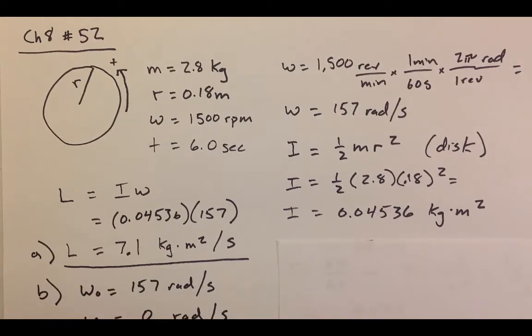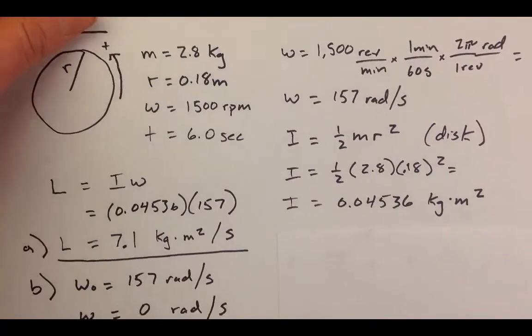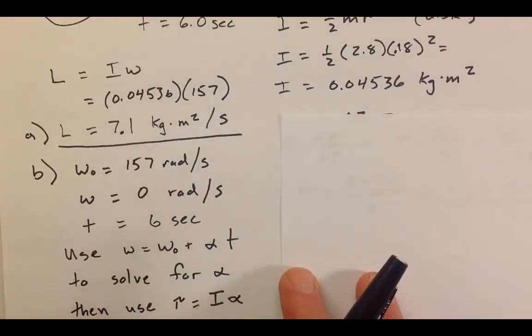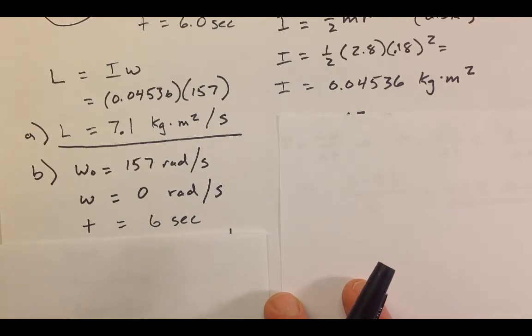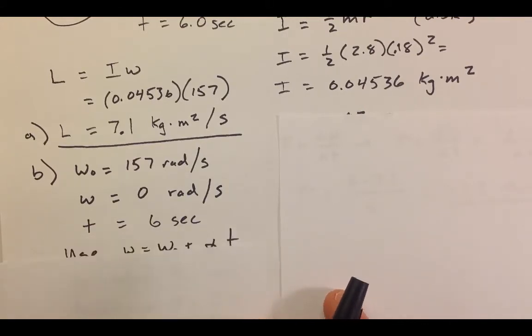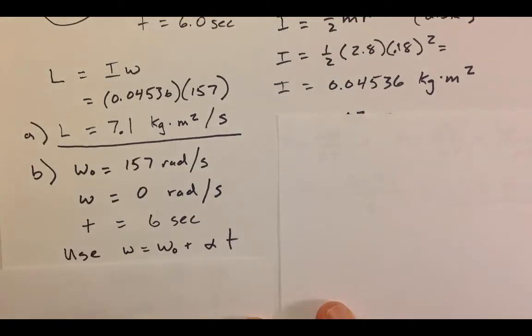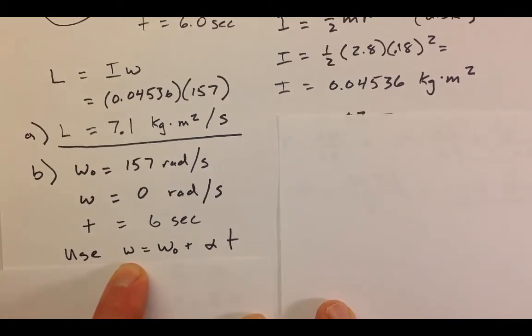So there's a couple of ways you could do this problem. I know my final angular speed. Oh, let's switch up here. I know my final angular speed would have to be 0 radians per second over 6 seconds. So I could use this equation, right?